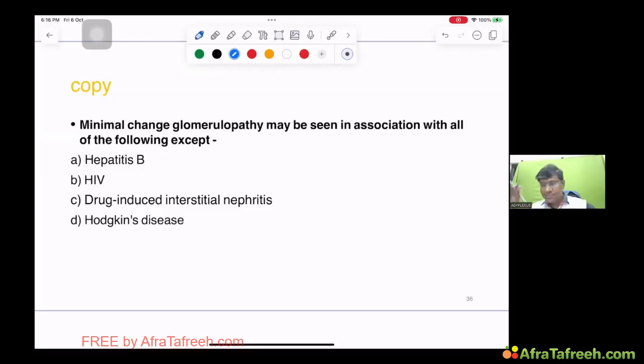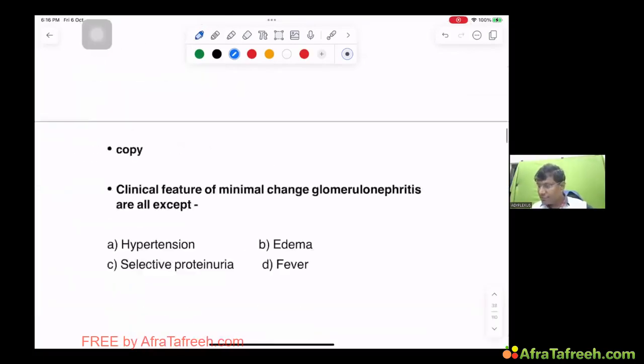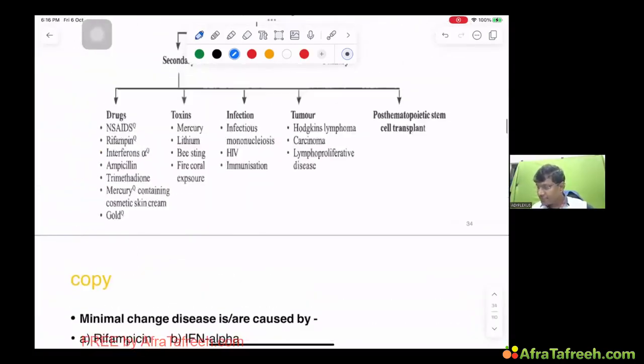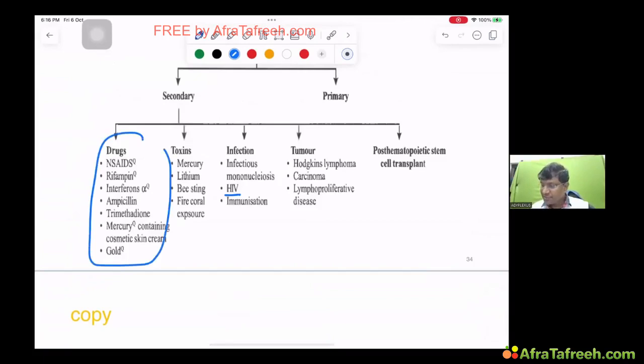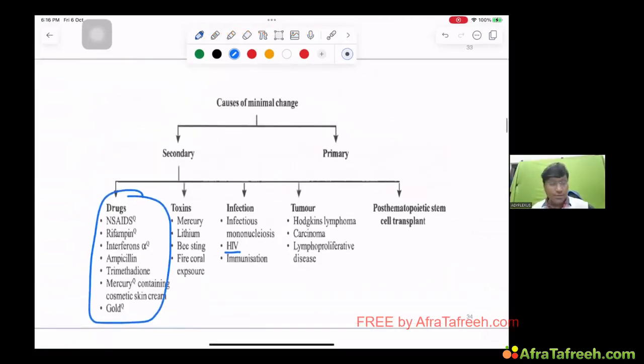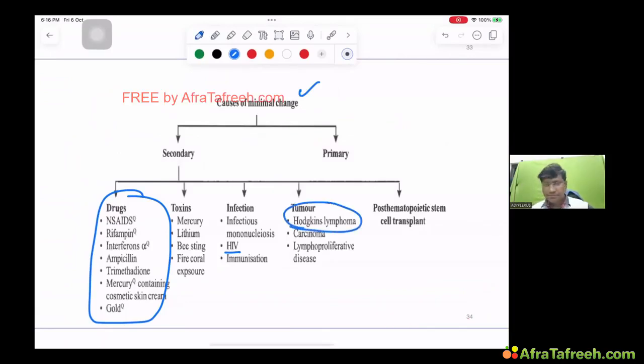If you see the table which I made you write, I think you have missed writing HIV. Please add HIV to your options. Drugs will cause it. Drug-induced interstitial nephritis is a part of your minimal change disease. I have given you a big list of drugs, right? Then Hodgkin's, just now we were discussing.